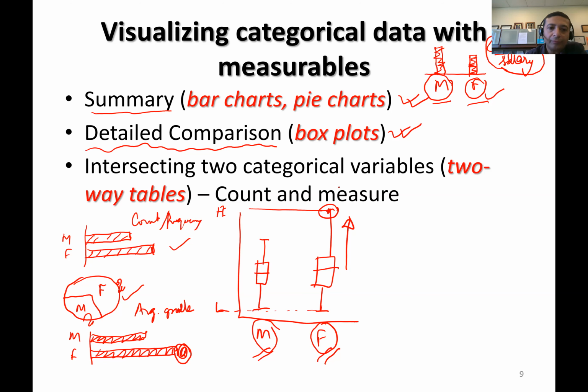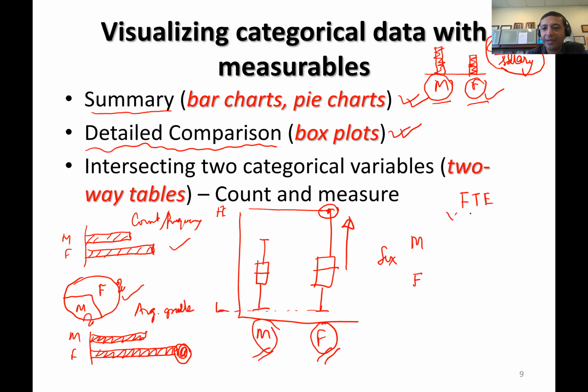The third way of visualizing categorical data is when you have two sets of categorical variables. Imagine that I have categorical variables by sex, which is male versus female, and categorical variables in terms of full-time employee, who works full-time 40 hours a week and then comes to my class.